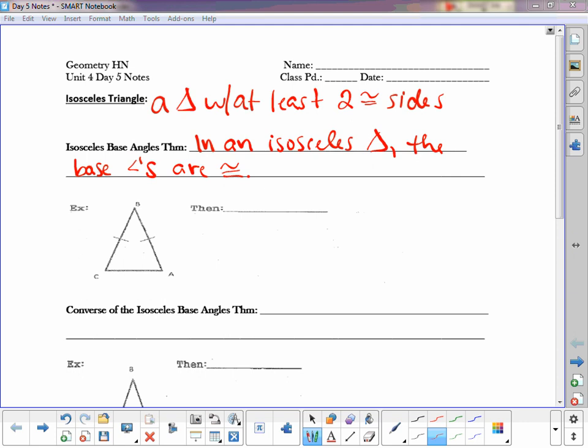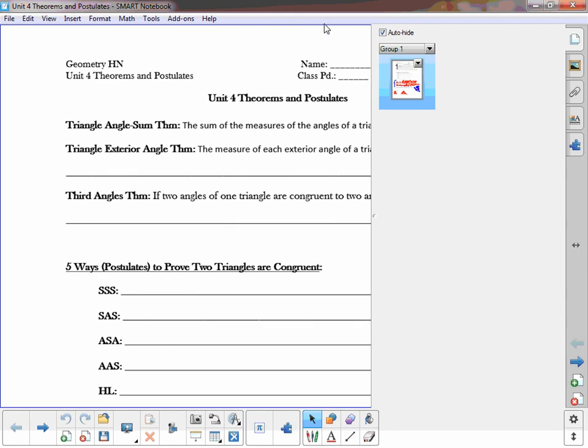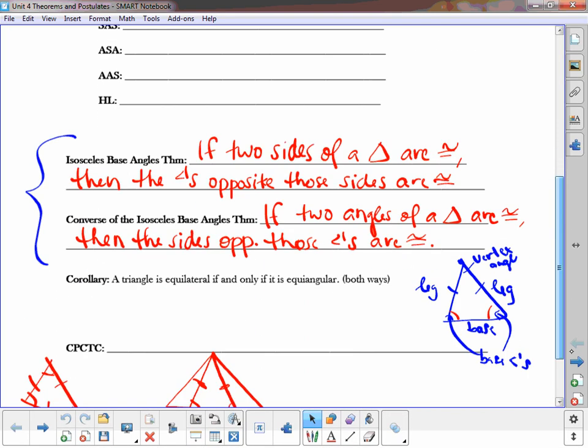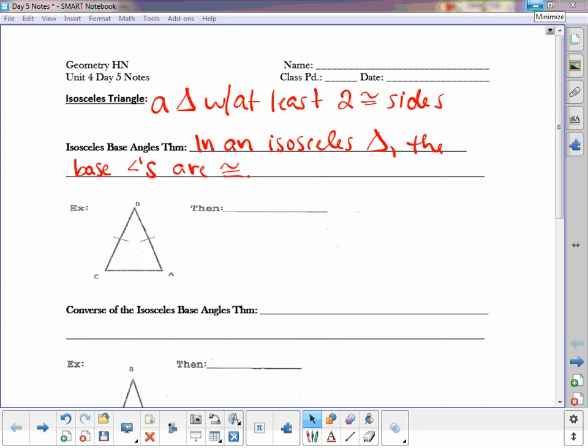So I'm going to pull up for you the true full theorem. We're just shortening it down here. Alright, so we filled this in last class. If two sides of a triangle are congruent, then the angles opposite those sides are congruent. Alright? So we're just simplifying it down: in an isosceles triangle, the base angles are congruent.